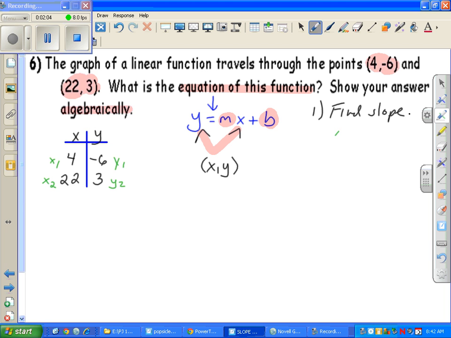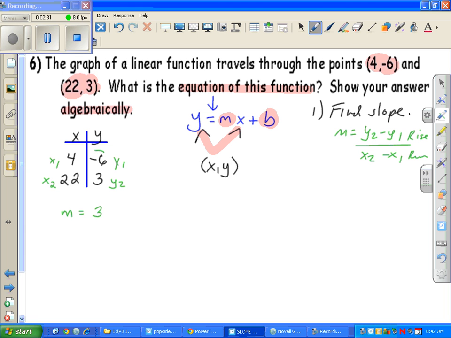Now remember, to find the slope without using a graph, we'll need to take the difference in the y-coordinates and compare it to the difference in the x-coordinates, which we know as rise over run. So moving back over here, if I just find my values, y2 I've labeled as 3, and y1 is -6.